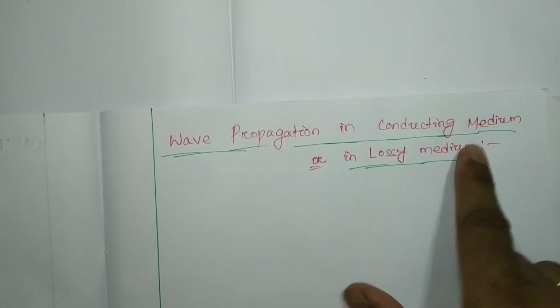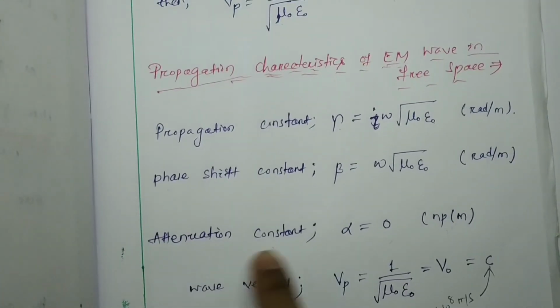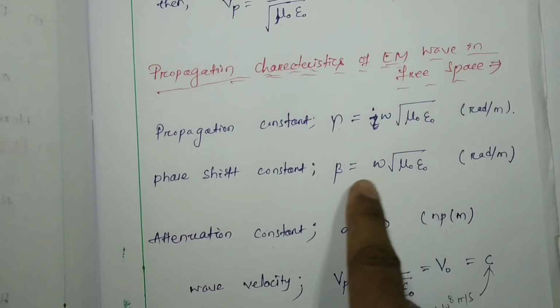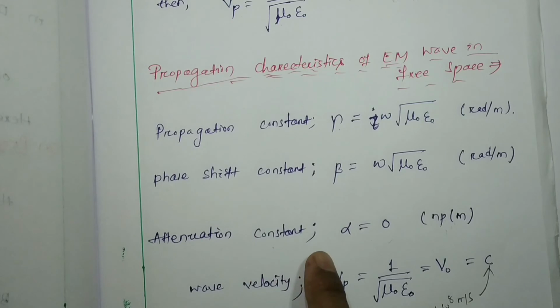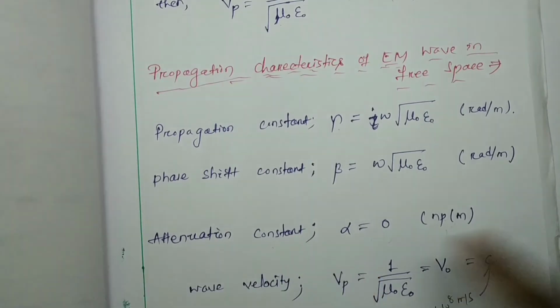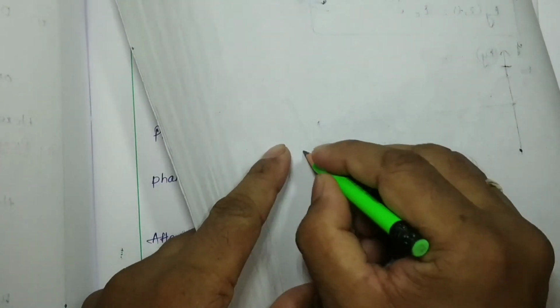In a conducting or lossy medium, we find an attenuation constant. Here we did not find any attenuation constant. Here we found some phase shift, but no attenuation, which means there is no decrease of amplitude. Okay, so here I am going to give an example.